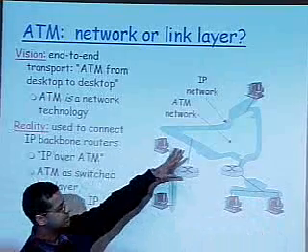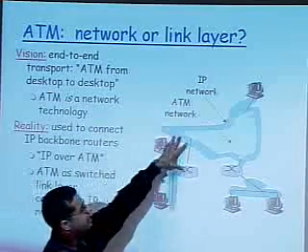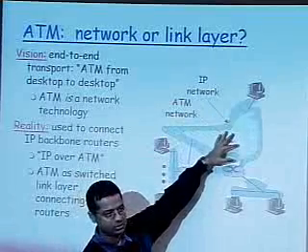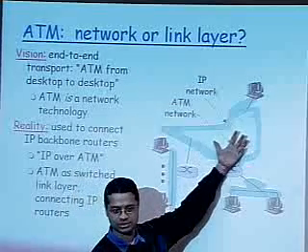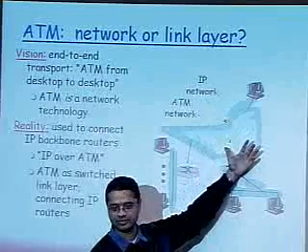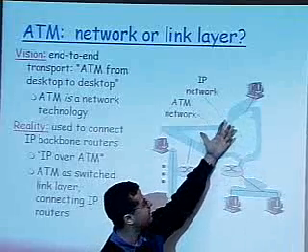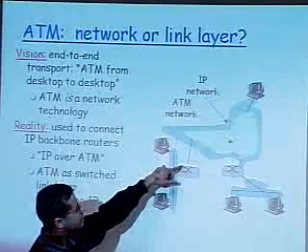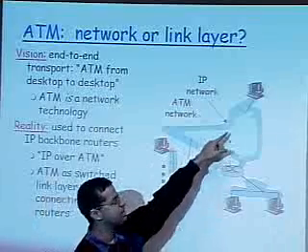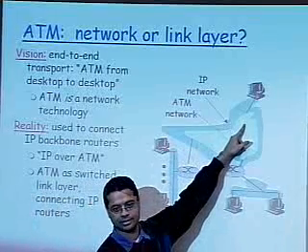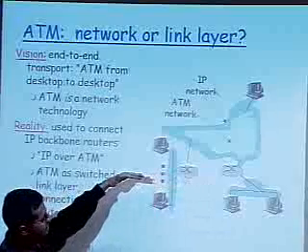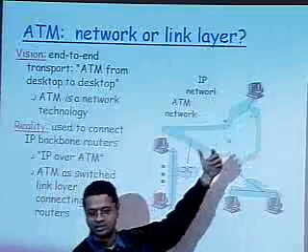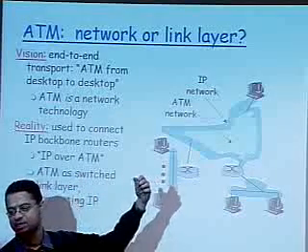So this just shows an example of this. You have an IP network. You have an ATM network, which consists of many different ATM switches, and you can think of that as a cloud. These ATM switches are able to connect different IP layer devices to each other. Now from the view of IP, all of these are directly connected to each other, as if they are part of the same physical link.